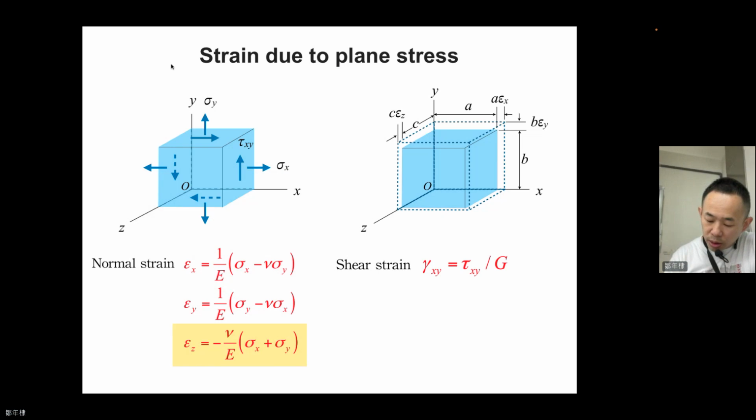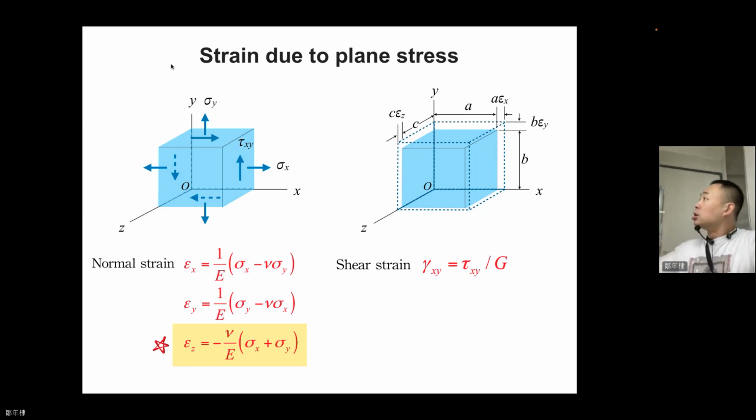And I want to give you a really important emphasis on this epsilon z. Sometimes your seniors always think, plane stress, no stress in z direction, so they think no strain in z. Is that correct?